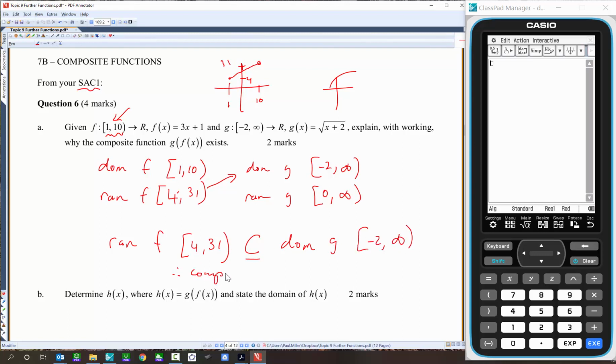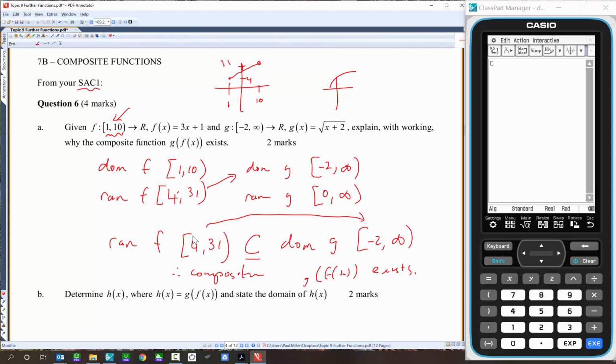Therefore, the composition g of f of x exists. Okay, so again, to conclude, what this inner function can possibly produce will be accepted by the domain of the outer function. Okay, and because it'll accept those values, we can compose the function.